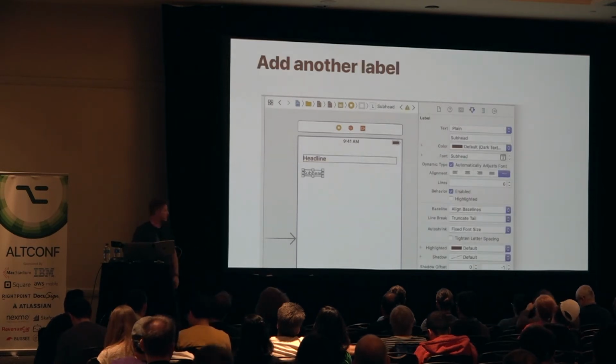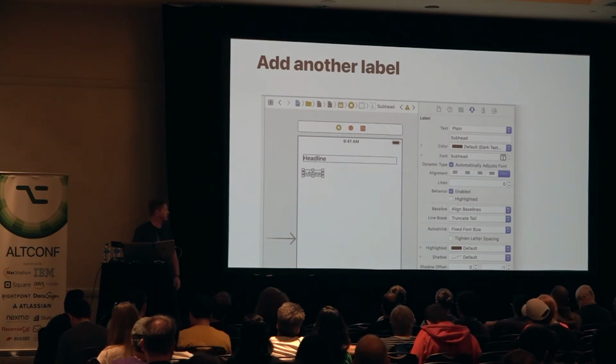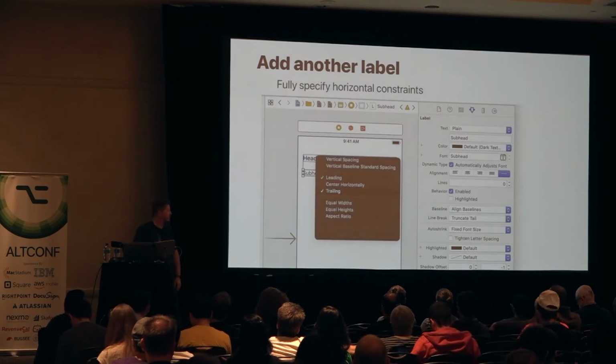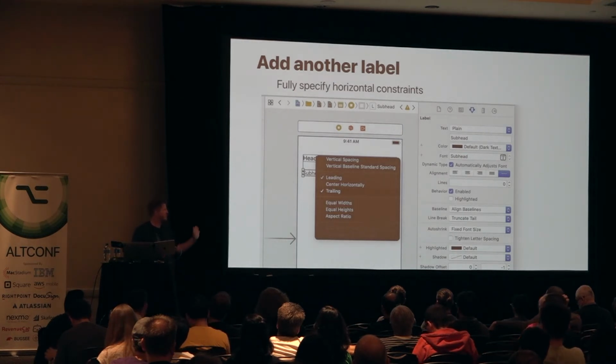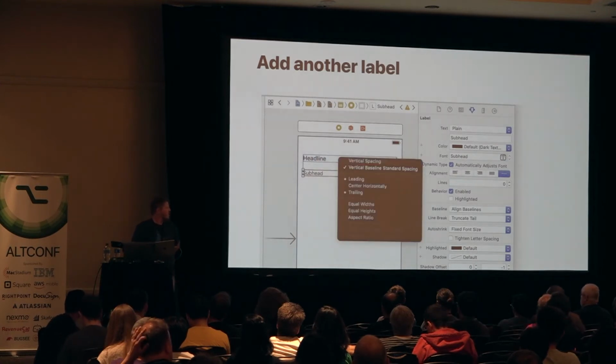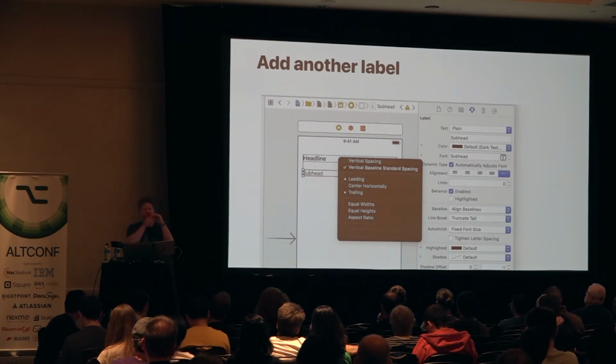So now let's do another label, because that was actually just a little bit too simple. I like to do leading and trailing to the previous labels instead of everything out to the sides of the superview. And then they have a vertical baseline standard spacing. So normally you would just do a vertical spacing of 10 points or however far you want it.